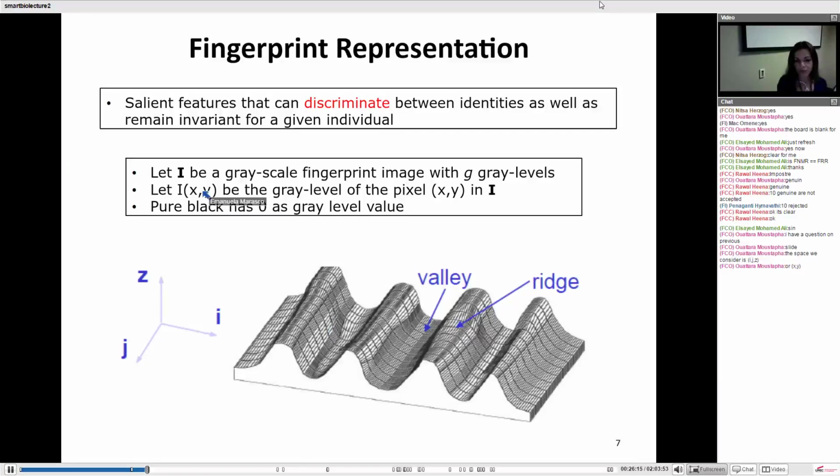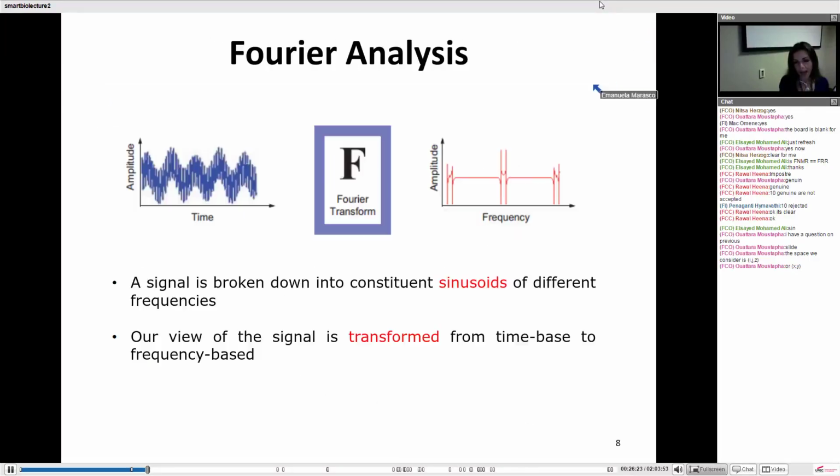So we consider x and y, right? But now when we apply Fourier, an important concept is that we leave the domain of the space and we only consider the frequency.